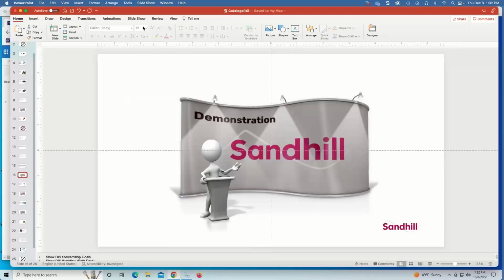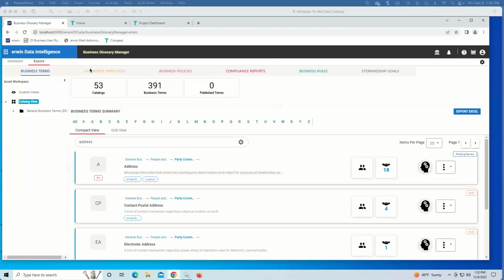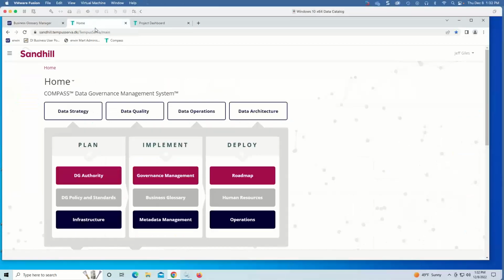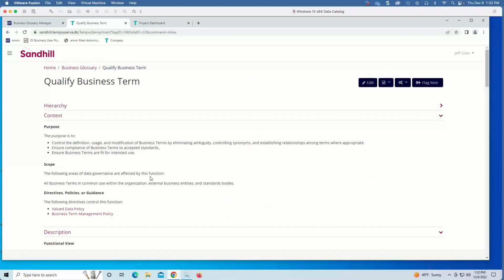I saw something under Business Glossary where you do that qualified business term, and I was really looking to see if that's something you can leverage to help the user understand how you go about it. Because when you pull a business term into the data catalog, how did this business term come into being? What was the standard around this process? I'm wondering if you might be able to talk to that.